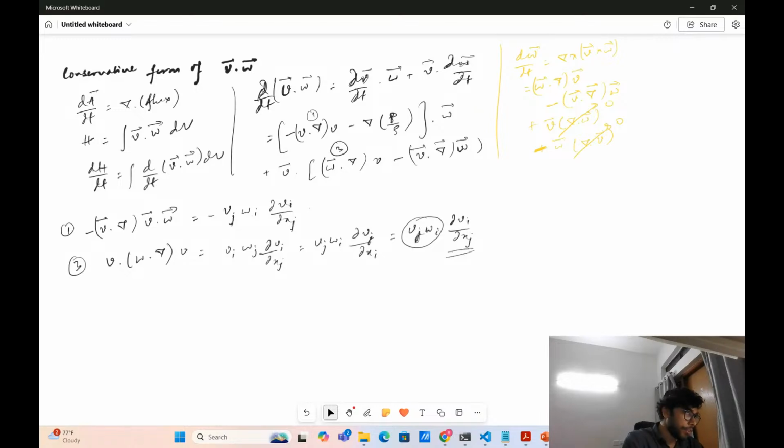And then if that happens, we are left with del t of v dot omega equals minus del p by rho dot omega minus p dot v dot del omega. Okay. So we're left with only the second and the fourth term.